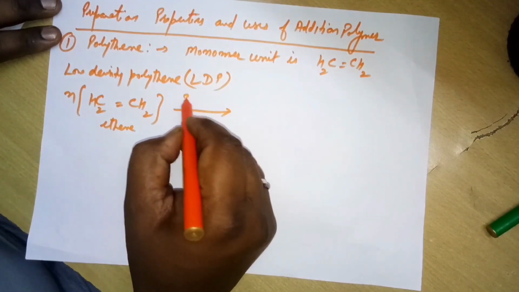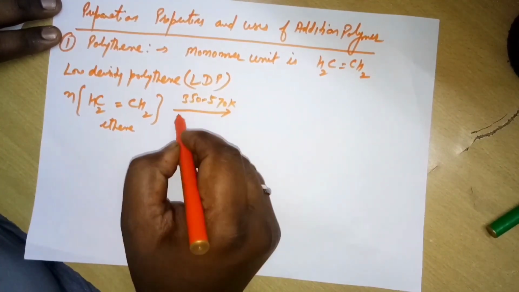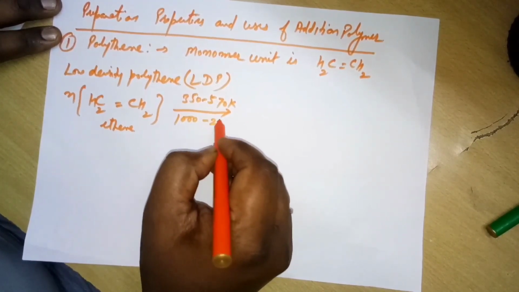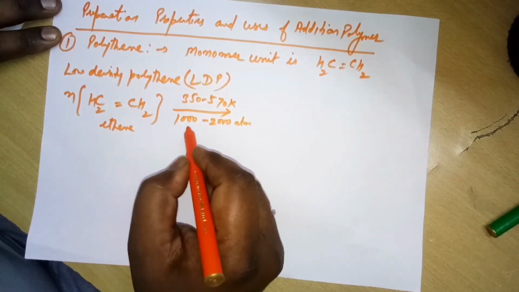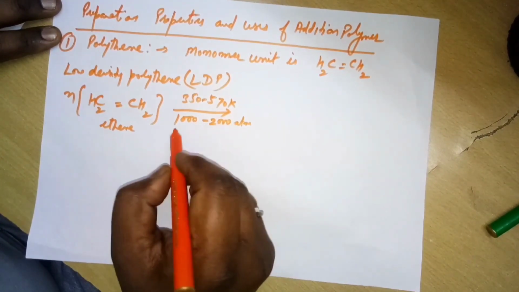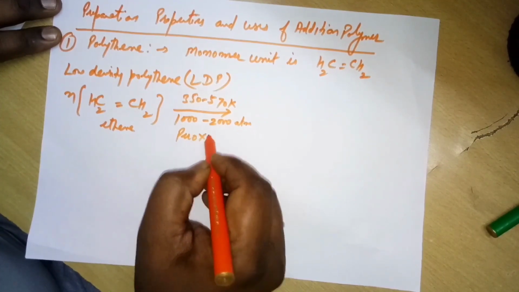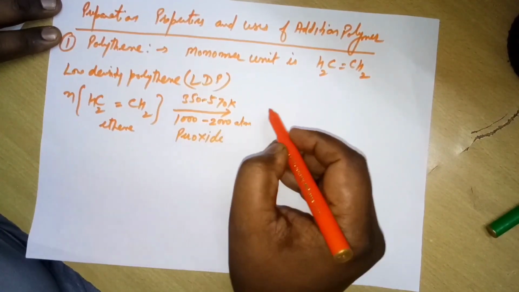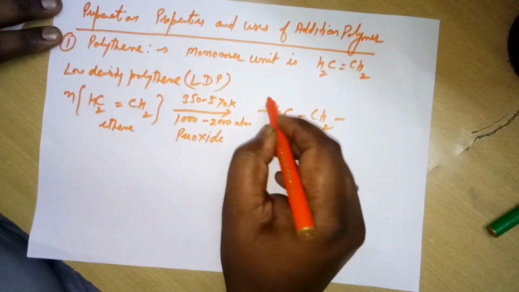Temperature is between 350 to 570 Kelvin. Pressure is 1000 to 2000 atmosphere. We use a free radical initiator like organic peroxide. These molecules undergo polymerization and we get low density polythene.